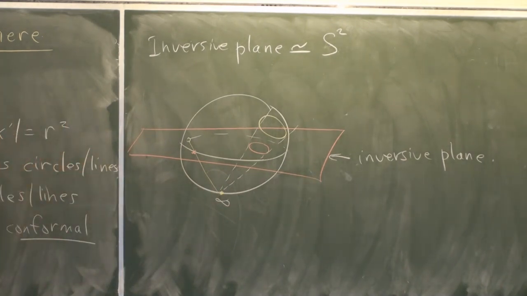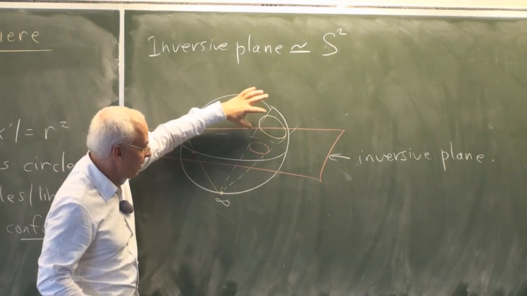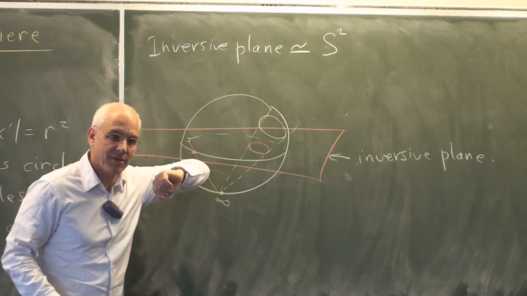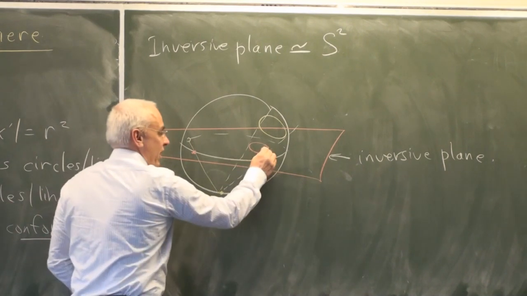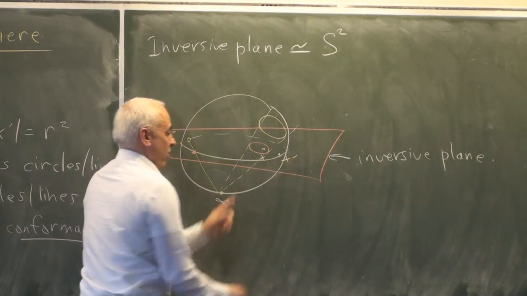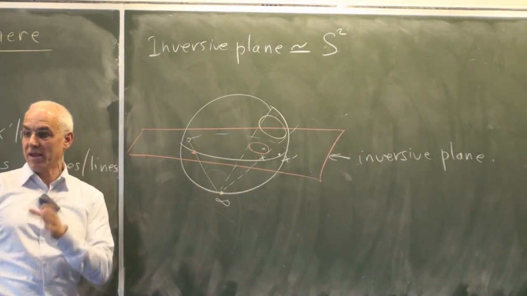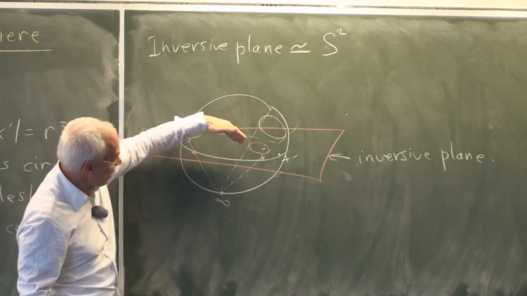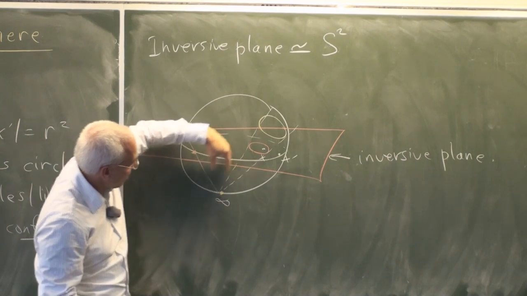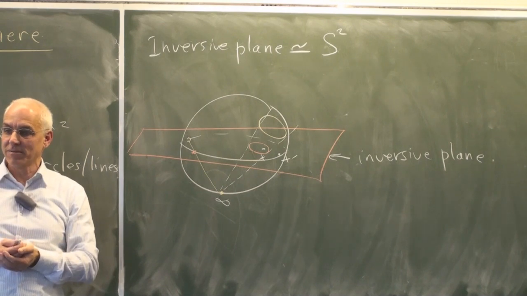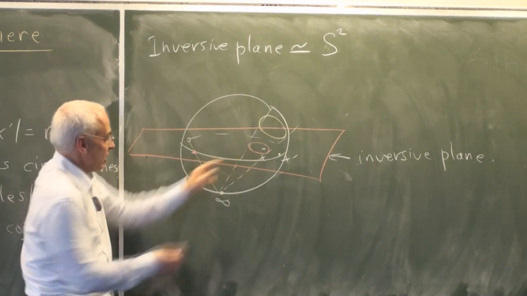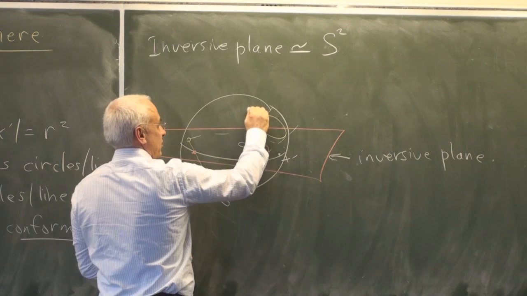So now a natural question is how do we think about inversion in a circle on the sphere? We know how to invert in this circle here. So we know that this point x gets sent to that point x prime when we invert in that particular circle in the plane. So we can now ask, well, how does all that transfer when we transfer it to the sphere via stereographic projection? This circle here, let's call it C, gets sent to this circle here, let's call it C tilde.